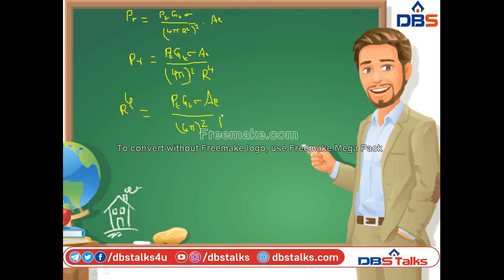into PR. So we need to assume that whenever received power is minimum, when PR equals P min, that means minimum value, then R equals R max, that means maximum range. Therefore we need to calculate this R max.